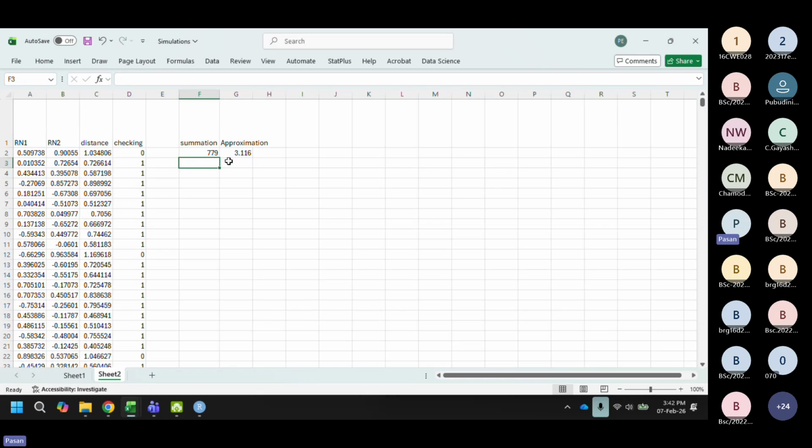So there you can see the different values we are getting. That is now coming only from the 1,000 simulations, right? So easily you can increase this number and you will see how good the approximations are.